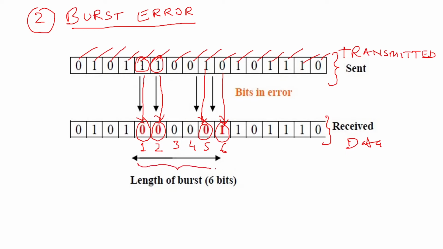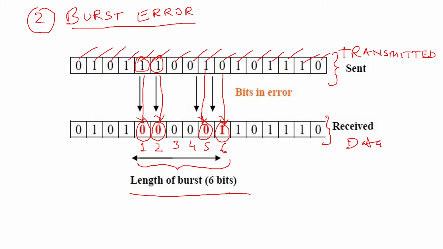These 6 bits will be taken as corrupted, and this is the length of the burst error. Actually, what has changed? The changed bits are bit number 1 and bit number 2, bit number 5 and bit number 6. But we take the length of the burst as the first corrupted bit to the last corrupted bit as shown in the figure. Some bits in between may not have been corrupted.